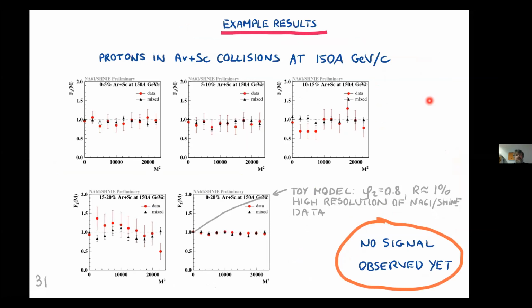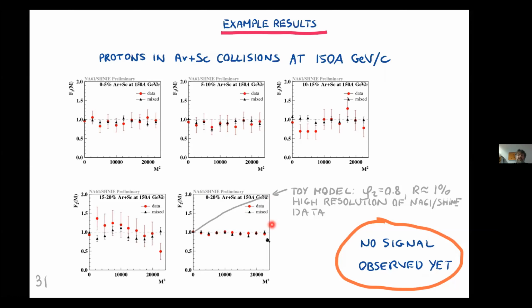You see nothing, flat. Phi is 0, or the fraction of critical protons is 0. Different centralities, and all centralities combined, statistically much smaller, nothing. And now I just sketched here this line, 1% of protons correlated with phi equal 0.8. It's like this, right? So you see the data, wow.